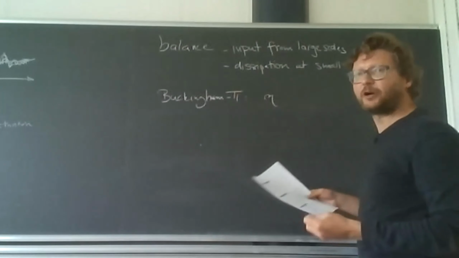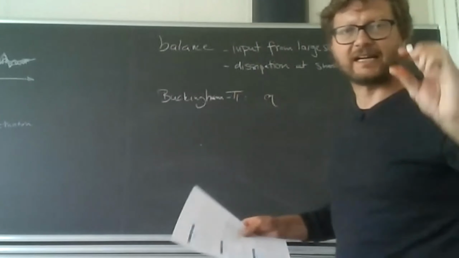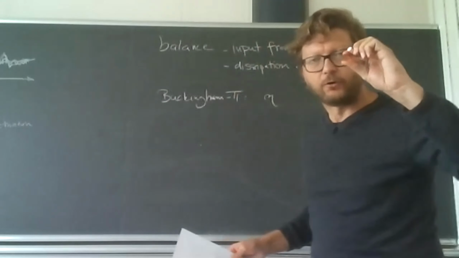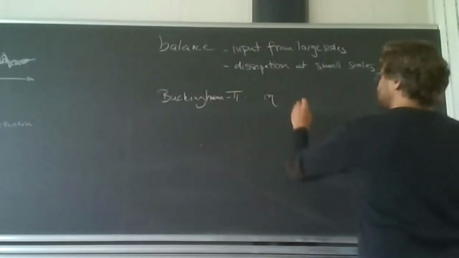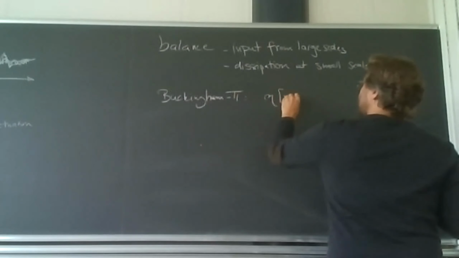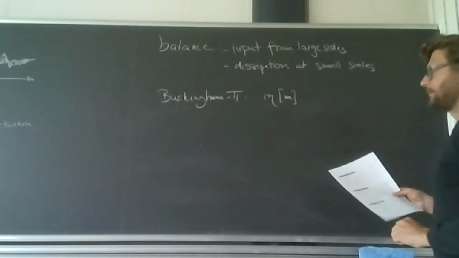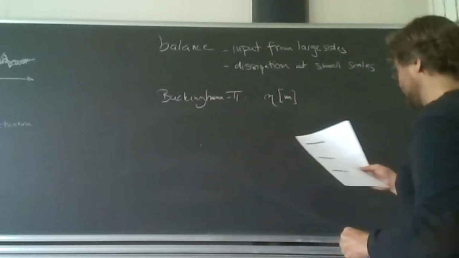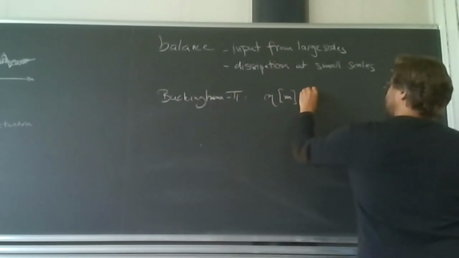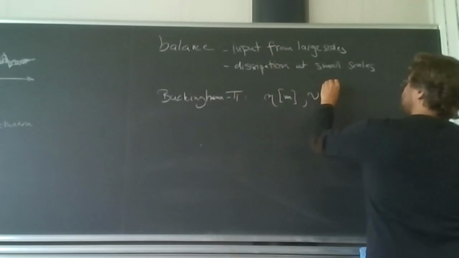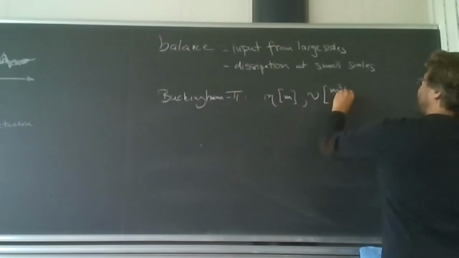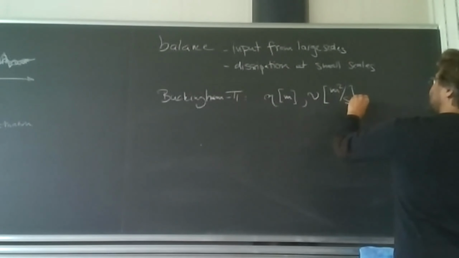He defined a variable eta, which is the size of the smallest vortical structure in the turbulence, unit meters. Then the viscosity, unit square meter per second.